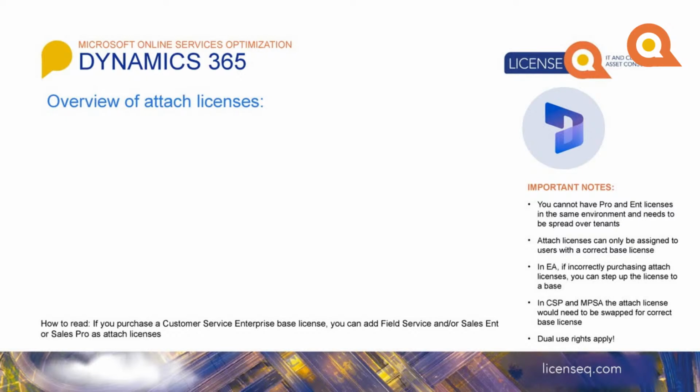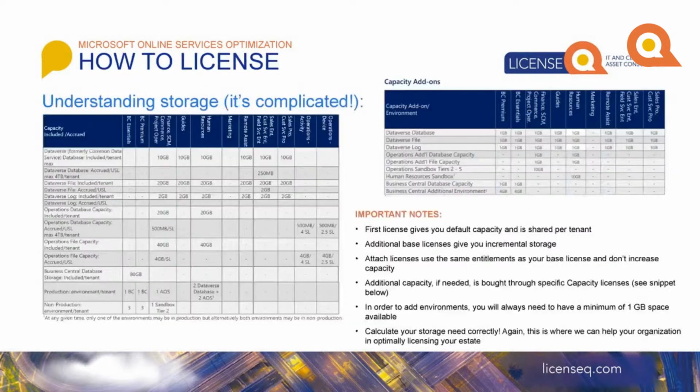And finally, you have what they call dual use rights or CAL equivalency. So if you buy any of these services, but you also still have an on-premise Dynamics environment, you can access that one with your base license or attached, depending on what you start with.